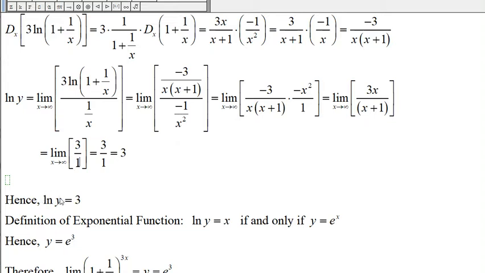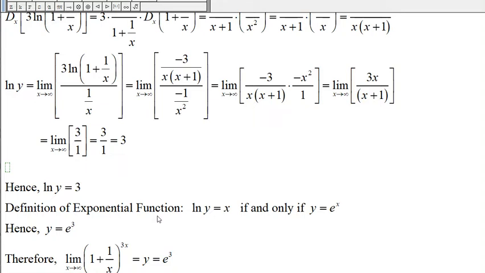And so to go from natural log of y to y, we use the definition of exponential function. This definition says that the natural log of y is equal to x if and only if y is equal to e to the x. So here we have the natural log of y is equal to 3.